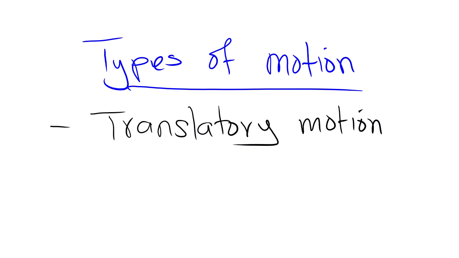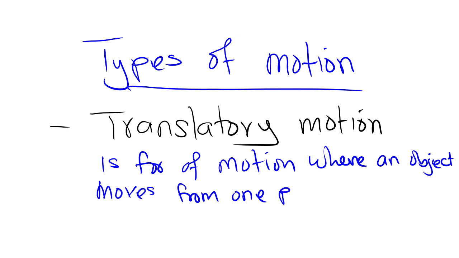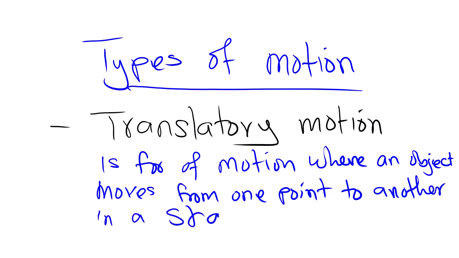Let's say it is a form of motion where an object moves from one point to another in a straight line.